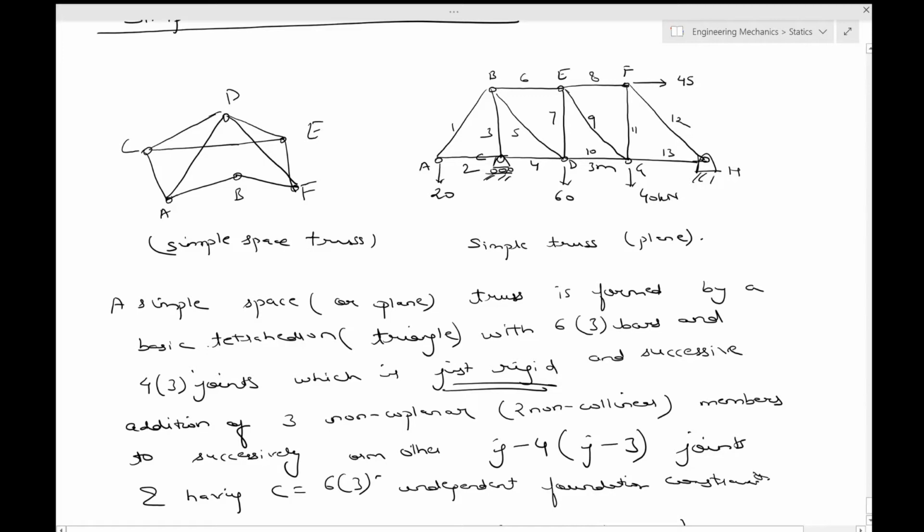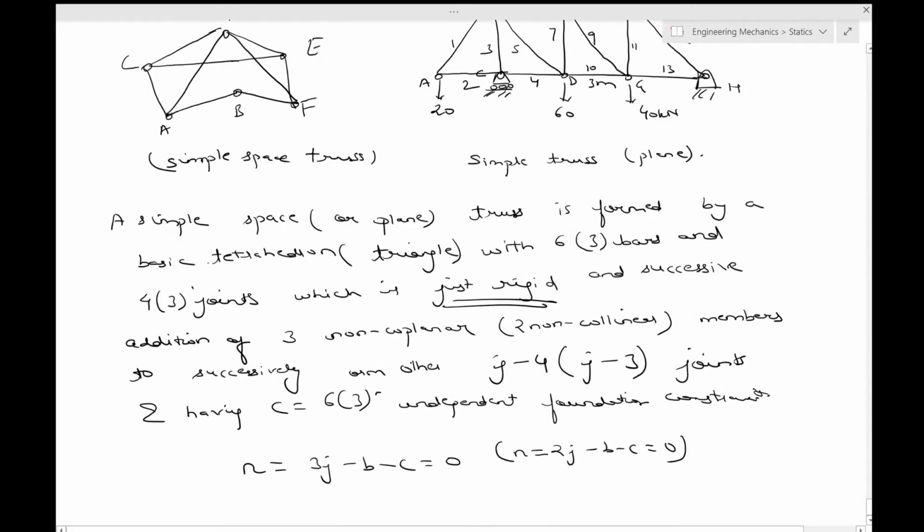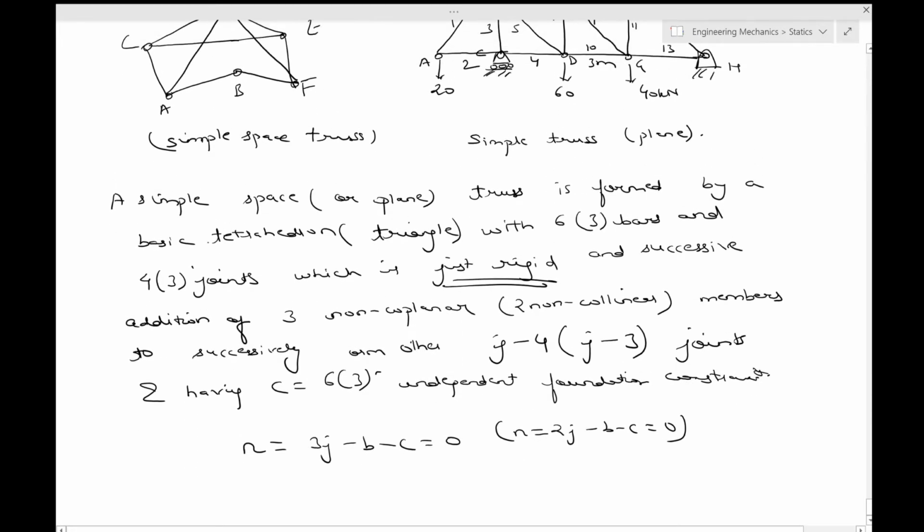The simple plane truss is formed by triangle ABC with joints ABC followed by other joints in the order D, E, G, F, H. One of the things which you should note, even though we say that a simple truss is formed by a basic tetrahedron or a triangle in plane, it is not necessary that it will only be formed by triangles. It's just to understand better we put it like that, but it's not necessary.